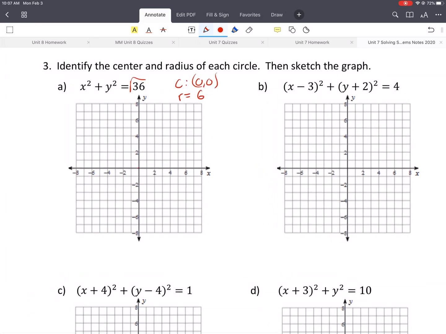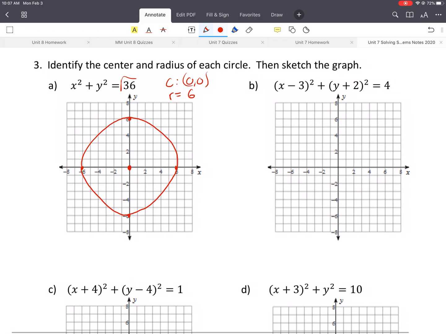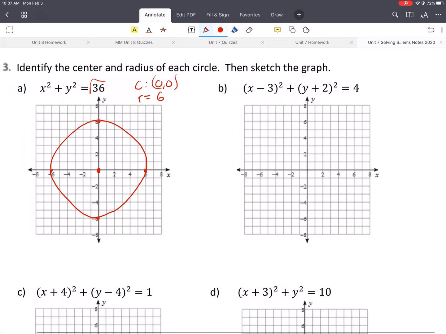Our center is here, the radius is 6, so we'll go 6 in each direction. I require that you have those 5 points, the center and those 4 points: north, south, east, and west. Do your best to draw a circle. It doesn't need to be perfect. Just make sure you have your points listed. I don't want you to just say, oh, I don't know.